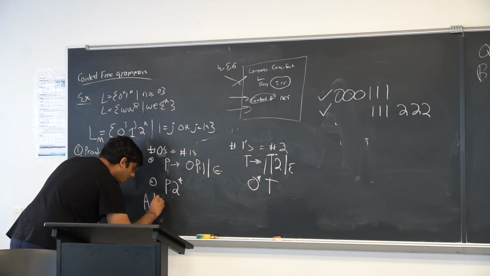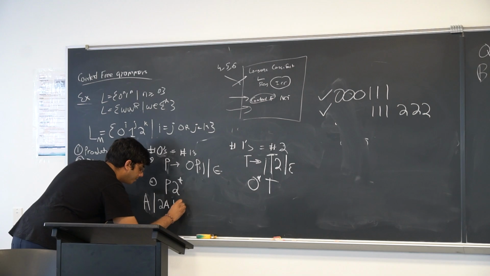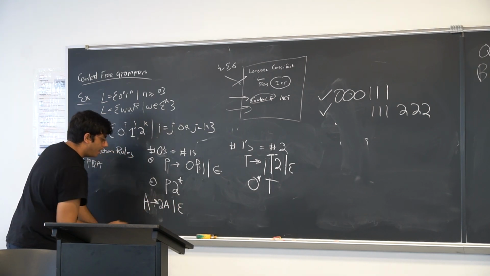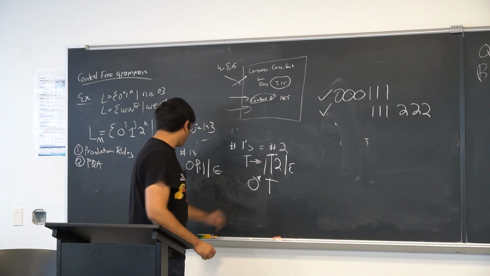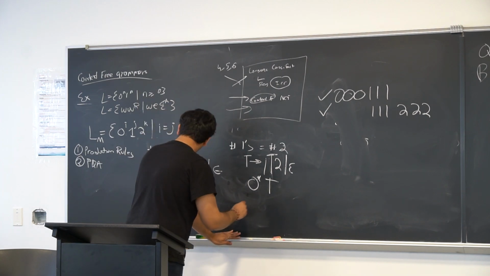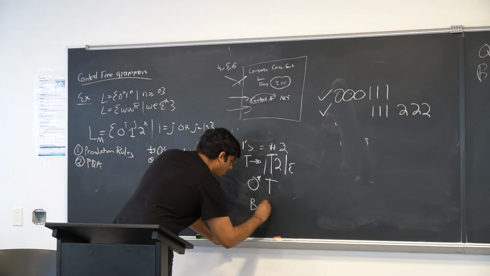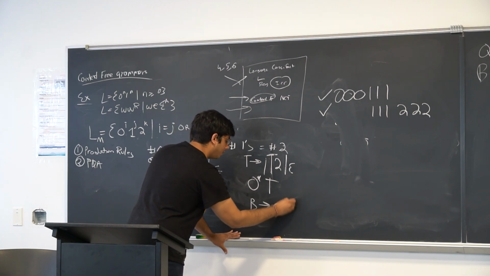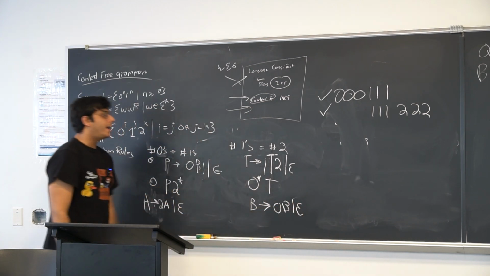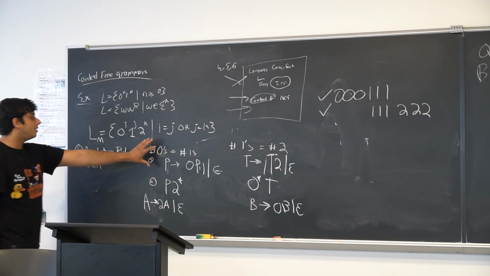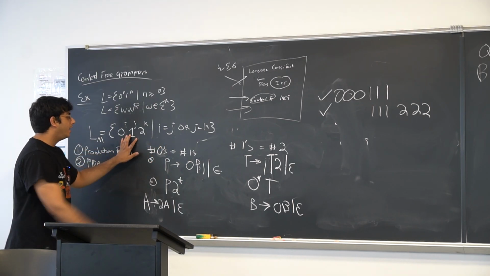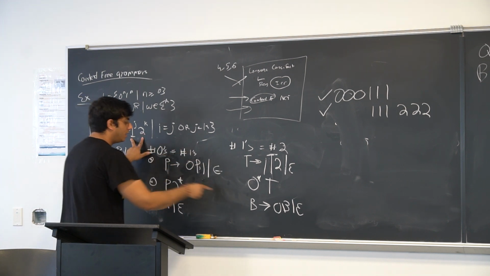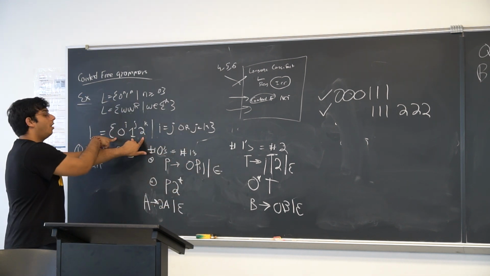A goes to 2A or epsilon, and there should be an arrow. Okay, and that handles this. And then for 0 star, I do the same thing. B goes to 0B or epsilon. And now I can put everything together. I have something that generates an equal number of 0's and 1's and adds unlimited 2's to the ends. I have something that generates an equal number of 1's and 2's, and I have something that will generate all the zeros I need in front.